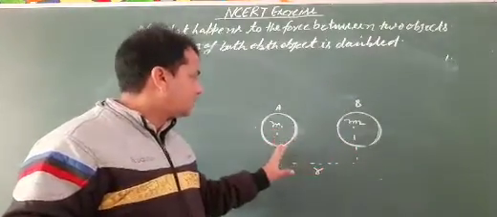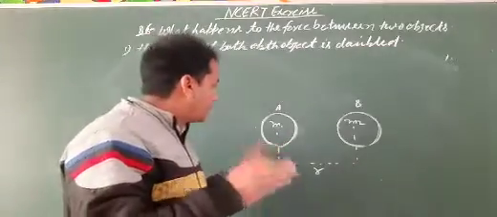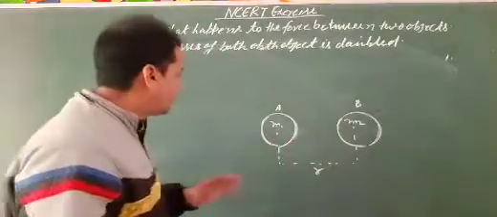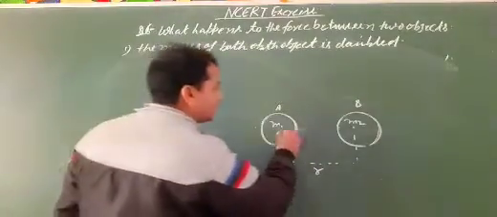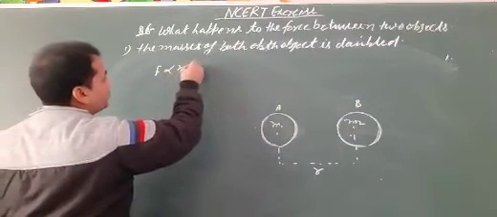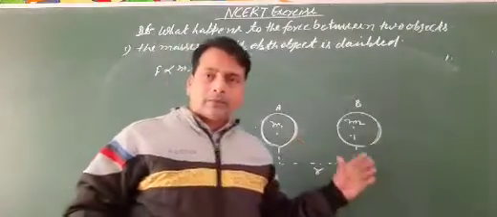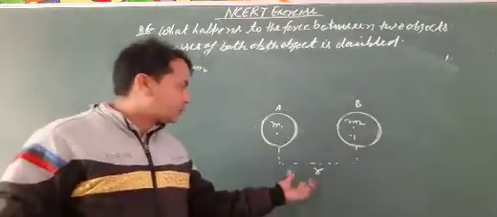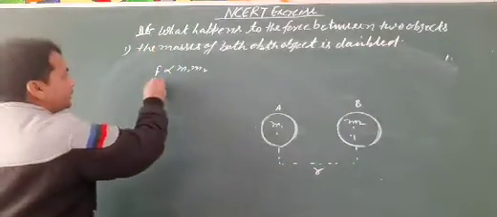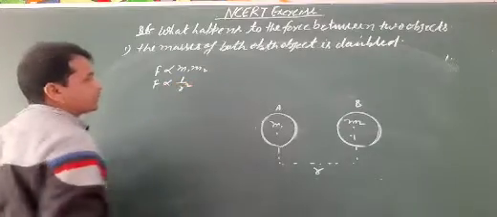So it is clear that if the masses increase, then the gravitational force also increases. The gravitational force is proportional to m1 m2, and the gravitational force is inversely proportional to the square of the distance between their centers. So we can write F is proportional to 1 by r square.